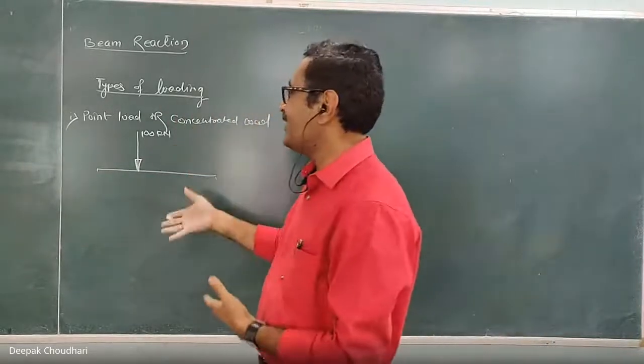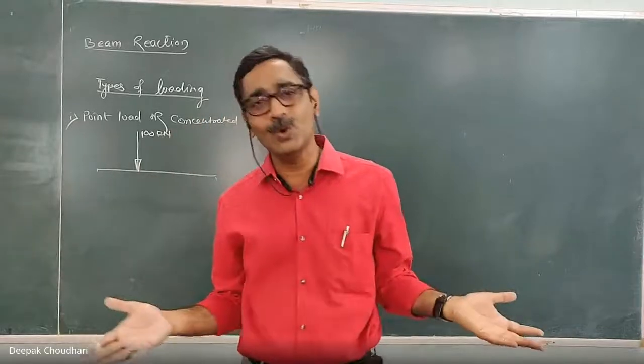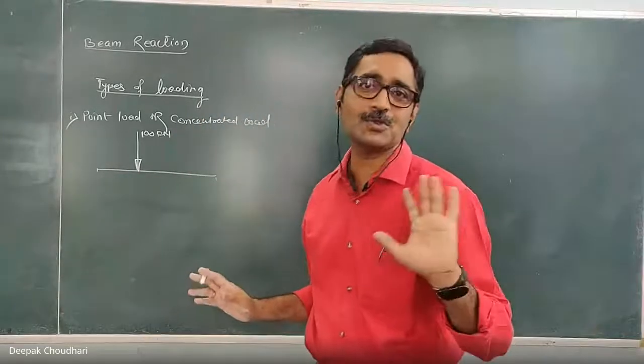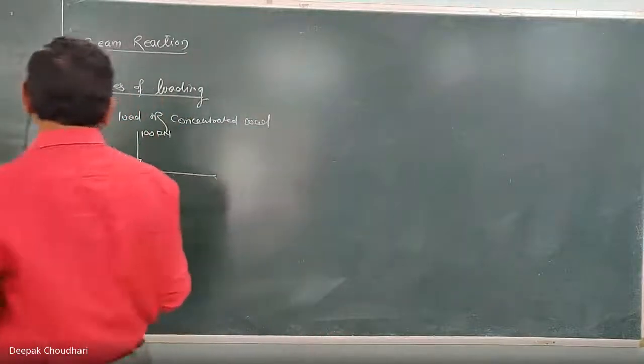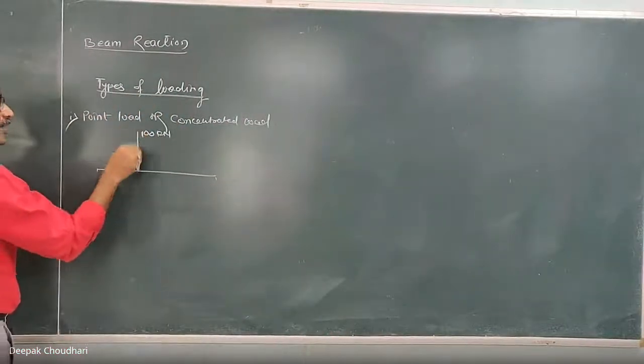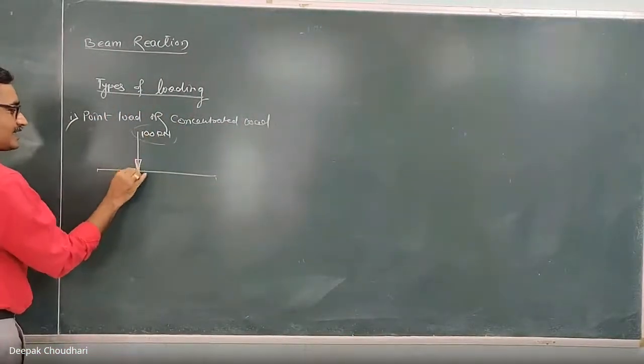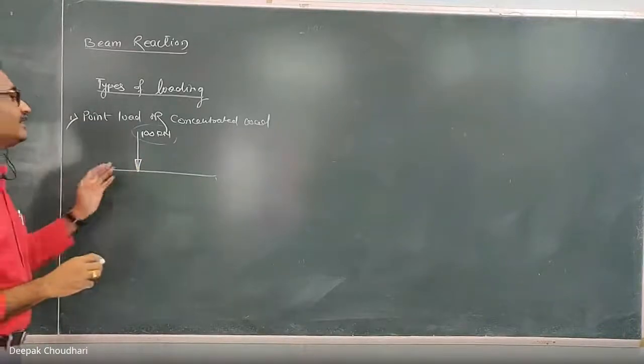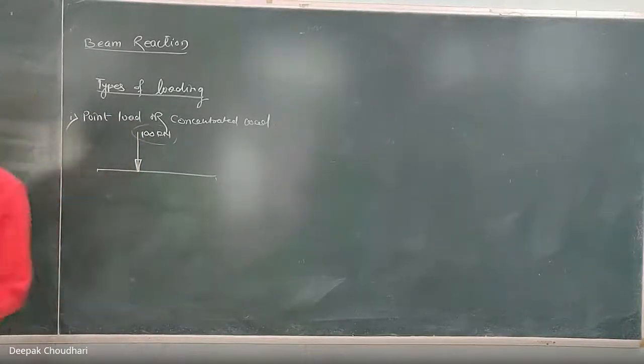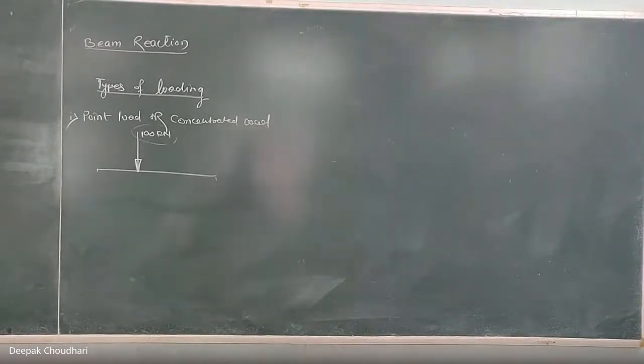When it is applied on the beam, we see it as a load. Actually it is a gravitational force only. So when the entire effect of the load is acting at one particular point, that is known as the point load or the concentrated load.